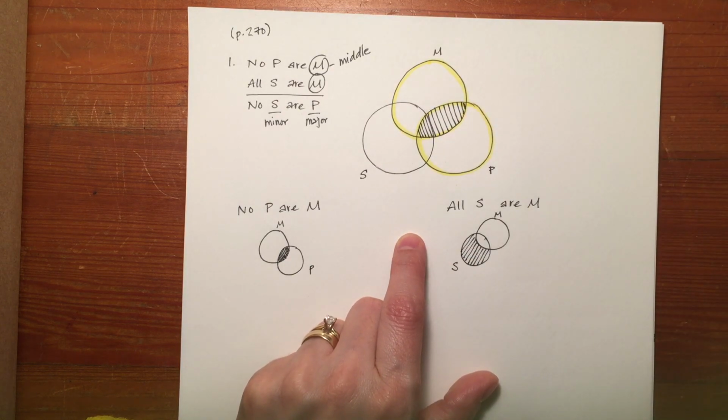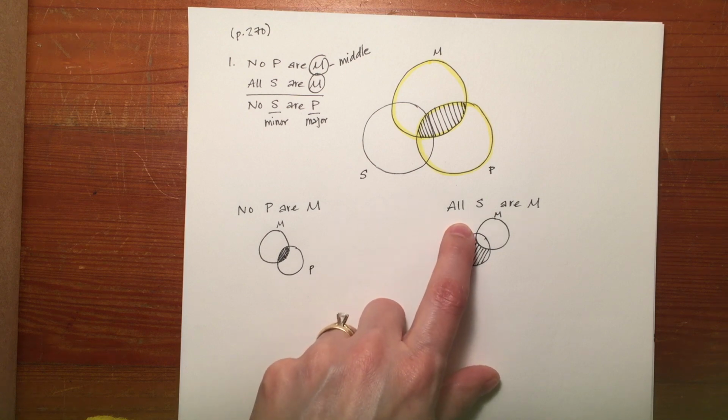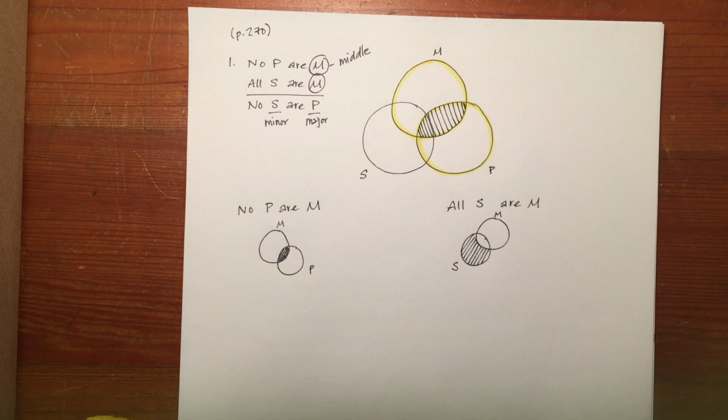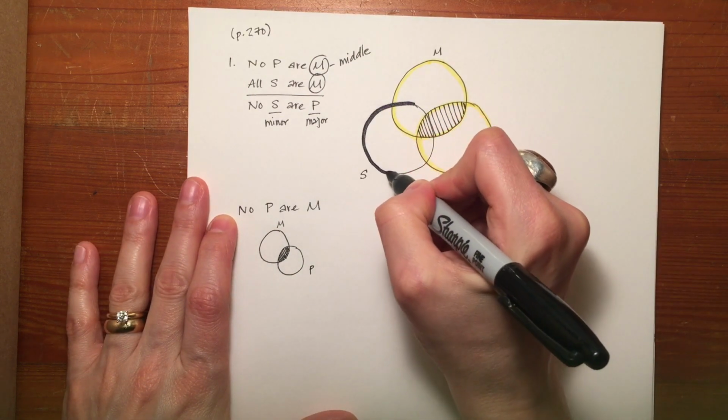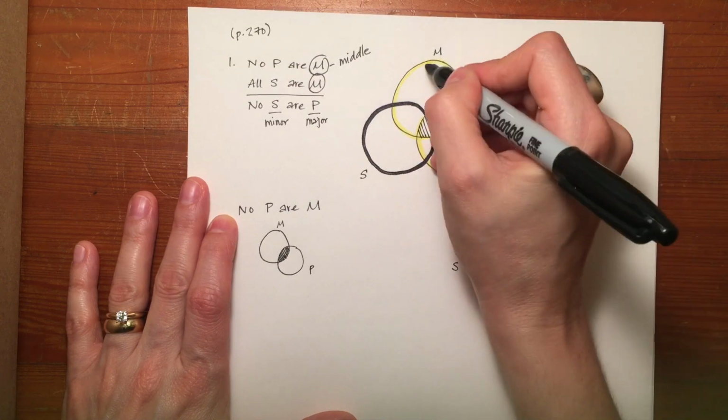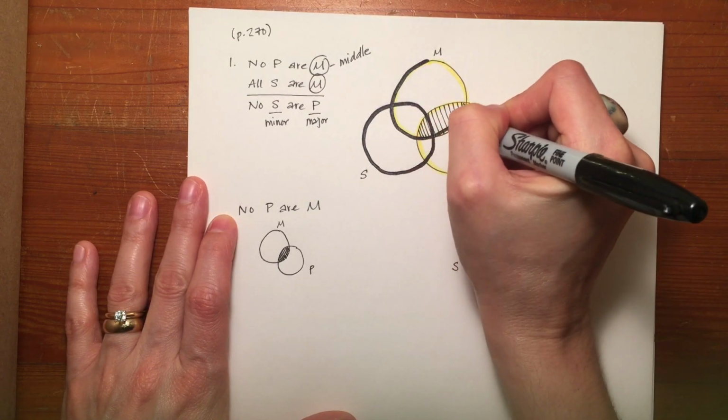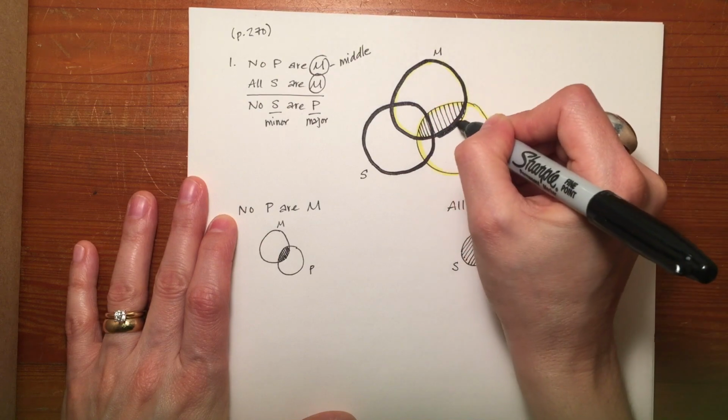Now, I'm not looking for all S or M at the M and the P circle. I'm now looking at the S circle and the M circle.